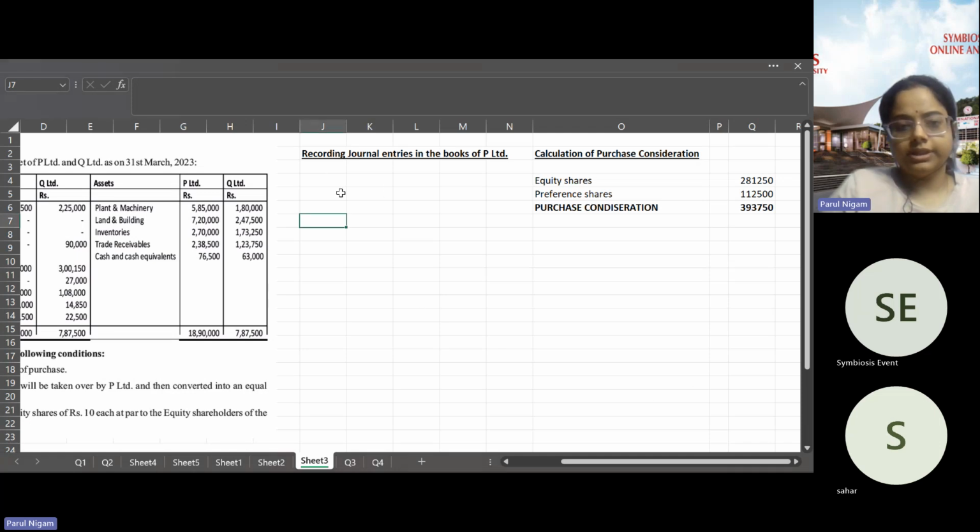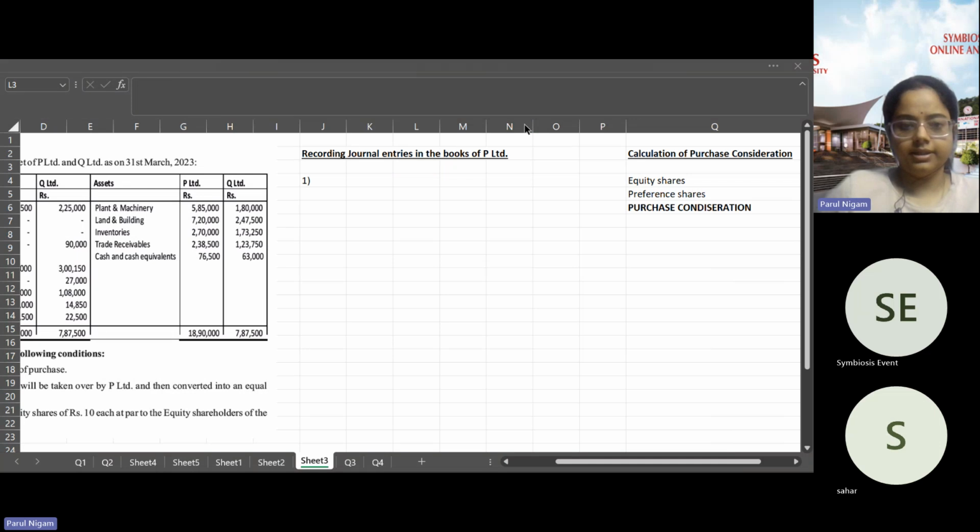Okay, so the first entry will be when we are recording the purchase. What is going to be the entry? Business purchase account debit, correct? To liquidator of which company, Q Limited or P Limited?